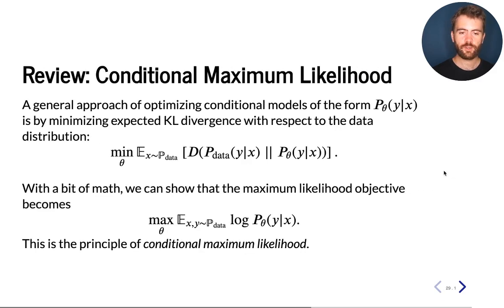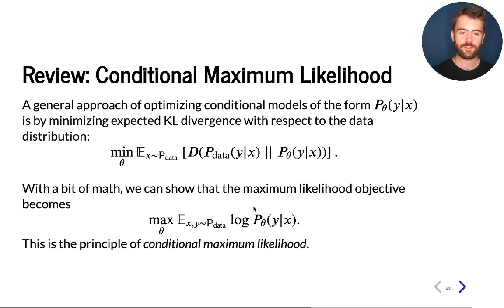And now that we have a definition of a probabilistic model, we can apply the principle of conditional maximum likelihood to obtain an objective for this model. Recall that the definition of conditional maximum likelihood is the following objective, where we are choosing a set of parameters theta such that samples x, y from the data distribution have high probability.